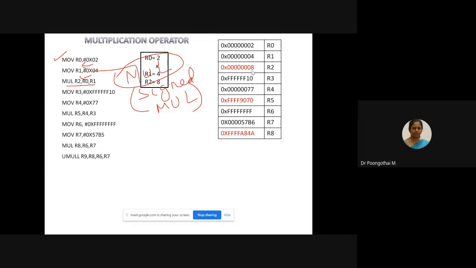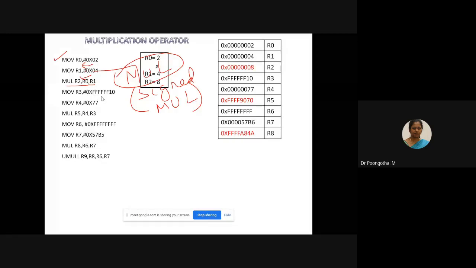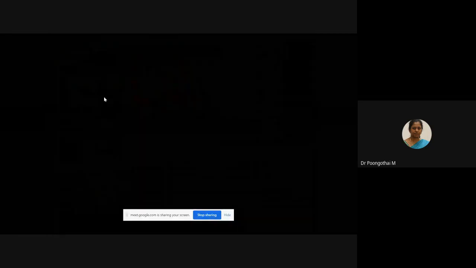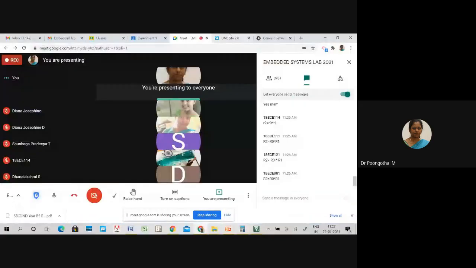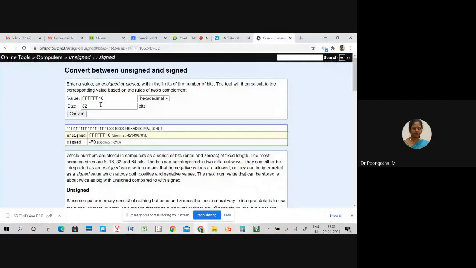Let's see what happens when we have signed numbers. Let's assume this number is the signed number. Convert this number from unsigned to signed. This value is a 32-bit value.